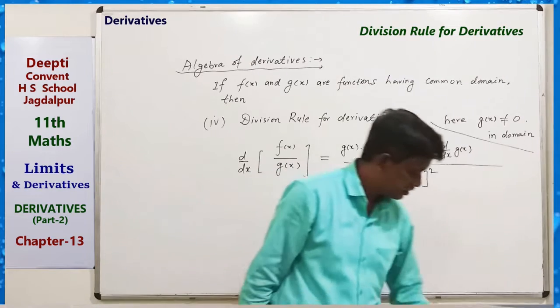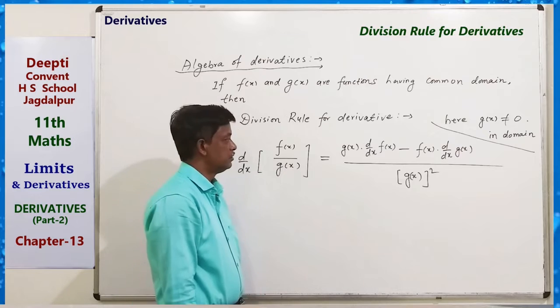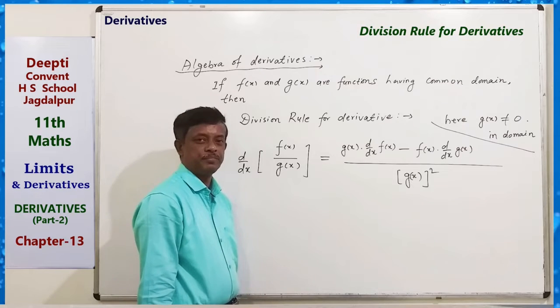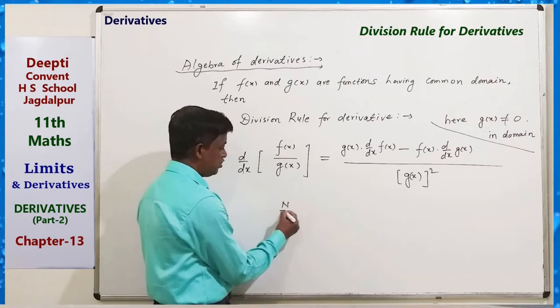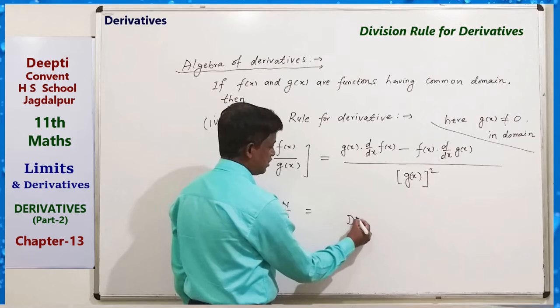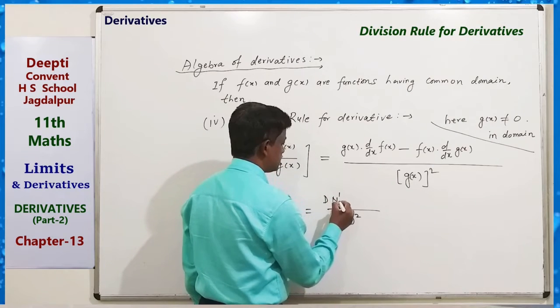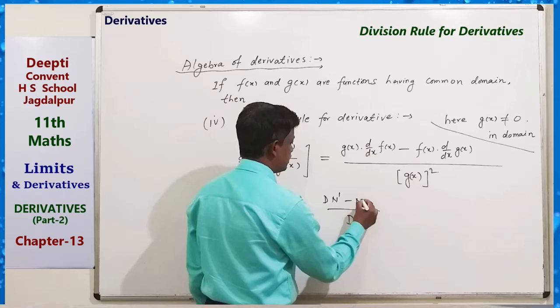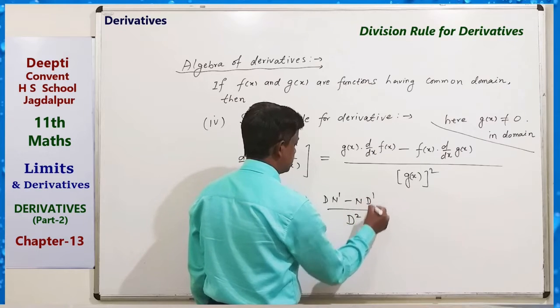Clear? Okay, so the writing method is very simple. Numerator upon denominator is equal to denominator square in the denominator, and in the numerator: denominator times numerator dash minus numerator times denominator dash.